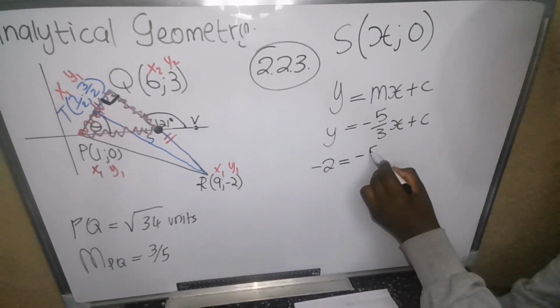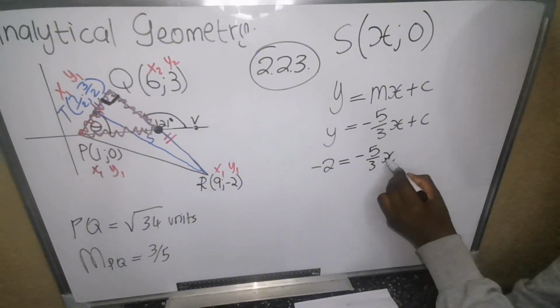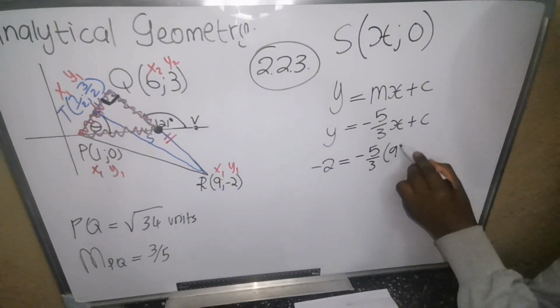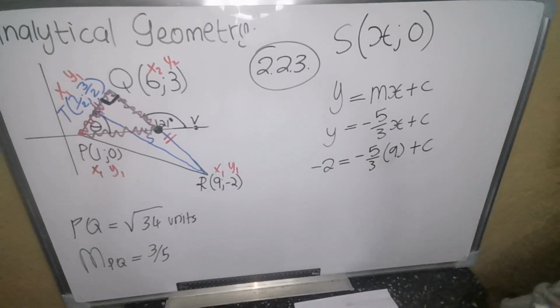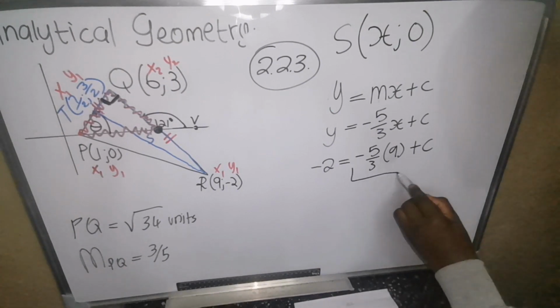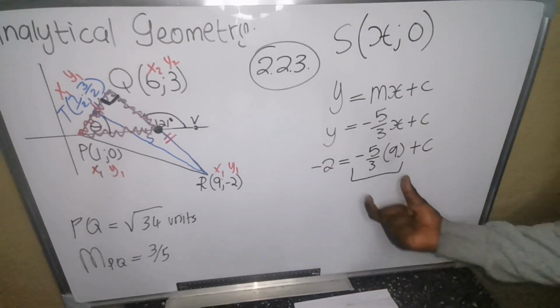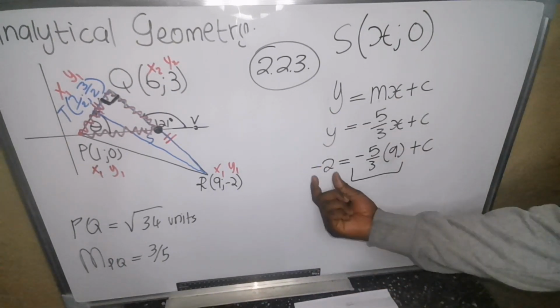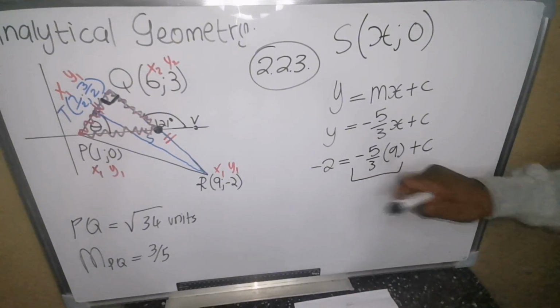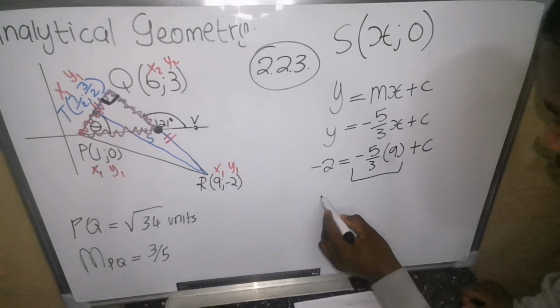So -2 equals -5/3 times 9, plus c. I'm going to transpose this to the left, because -2 is our constant. I change the sign from negative to positive, and -2 plus c is 13.